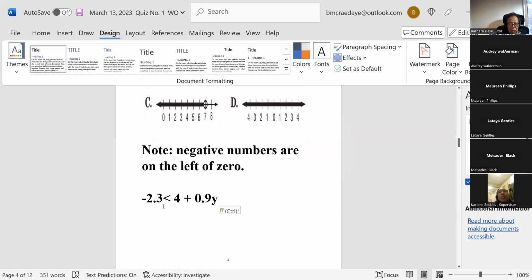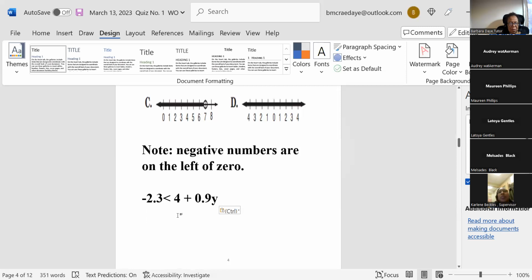Okay, Audrey, minus 2.3 less than 4 plus 0.9y. What do you do first? You put the 0.9 over on the 2.3?